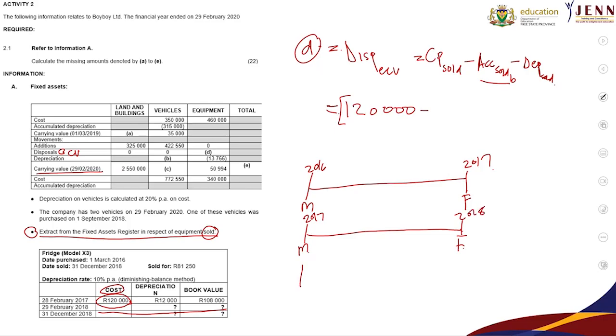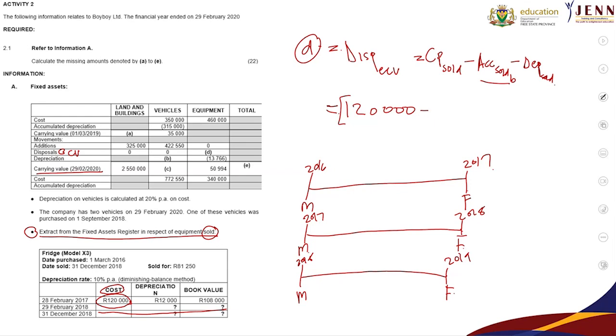And then this is the year that we are selling this equipment. This year started in March 2018 and ended in February 2019, right?